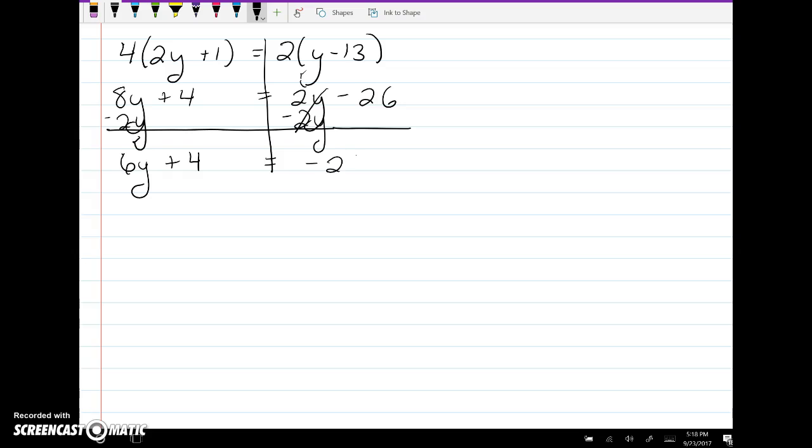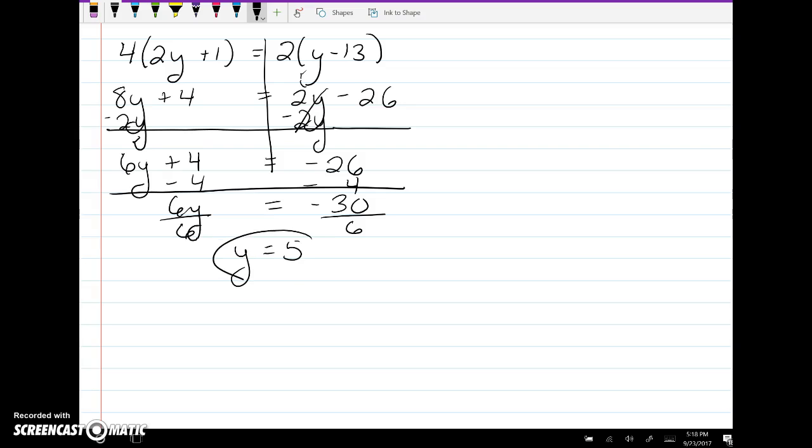Equals negative 26 minus 4, minus 4. 6y equals negative 30. Divide both sides by 6. And y equals 5. Let's go ahead, do our check.